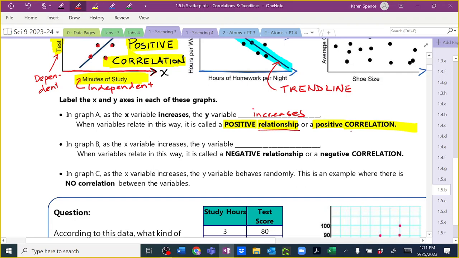In graph B, as the x increases, the y decreases. That is a negative relationship or a negative correlation.